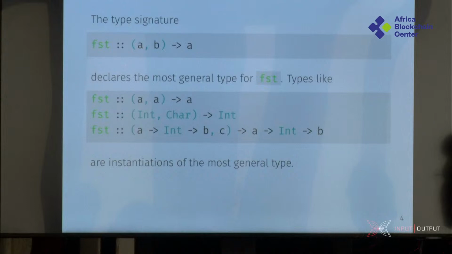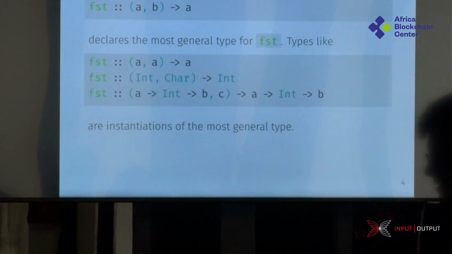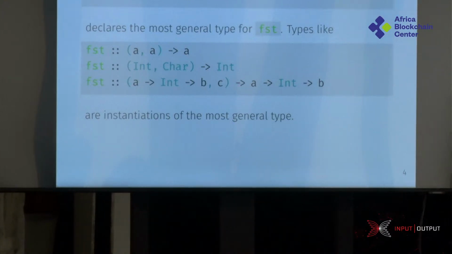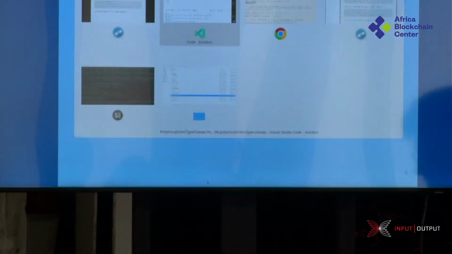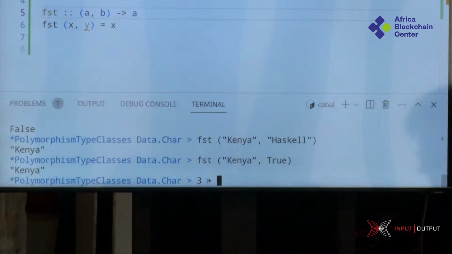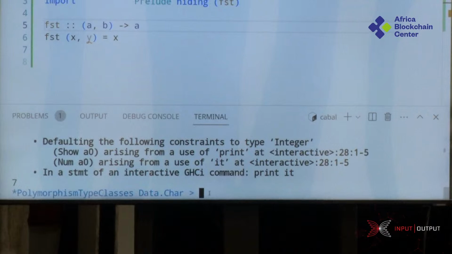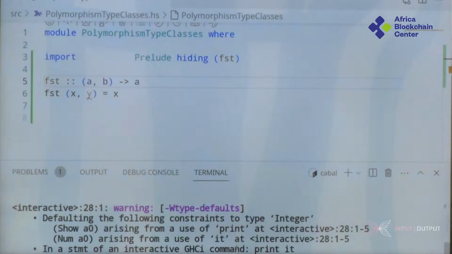Other situations where you need a specific type, yes, I would say so. For example, when I want to give you examples with ints, I always give a type annotation for int. The reason is, if I write something like 3 plus 4, then I get this annoying warning. Literals like 3 and 4 in Haskell are overloaded, so they are not of type int.